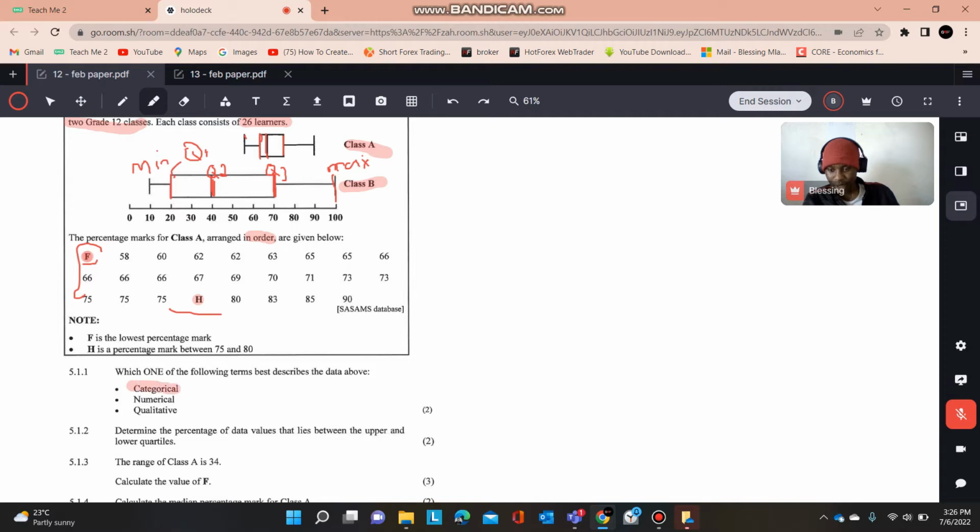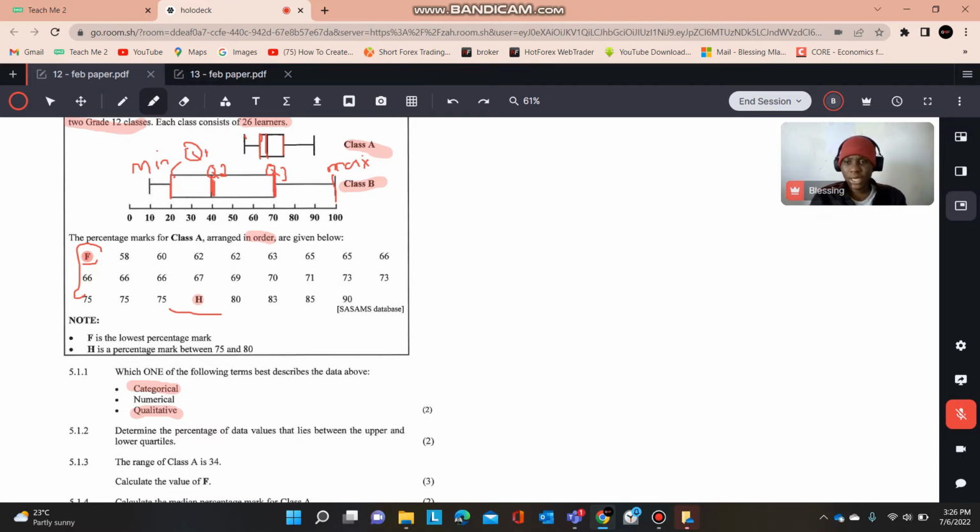Categorical and qualitative data are usually the same thing, right? Because categorical is whereby we categorize the data based on a certain criteria. Let's say, for example, we say red, blue, and green, so we categorize the data based on the color. Say we're talking about cars, and we're categorizing them based on color, whether they are red, blue, or green.